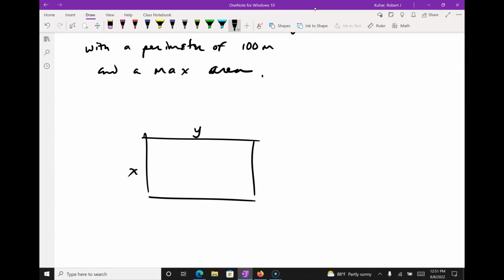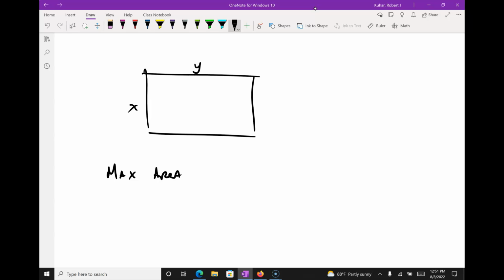And I want to maximize the area. So from my picture or from the argument in the question, I want to find an expression that has to be maximized or minimized, and an equation that will help me do it, okay? So my max area is going to be x times y, right?